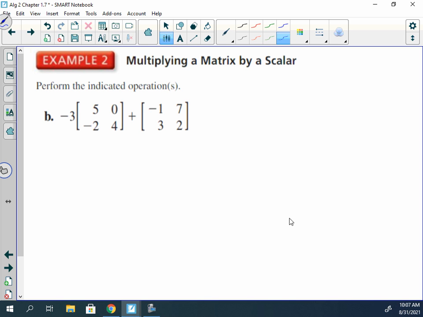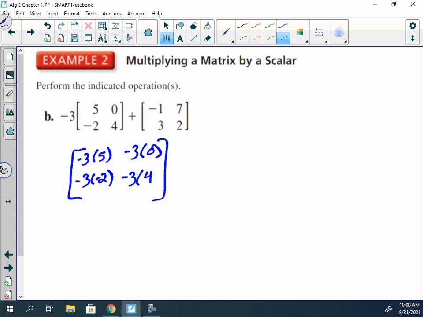When we multiply by the scalar, we can multiply with that sign going with it. And especially if it's going first, I'd take the sign with it. So for our scalar of negative 3, we can say negative 3 times 5. Negative 3 times 0. Negative 3 times negative 2. And negative 3 times 4.